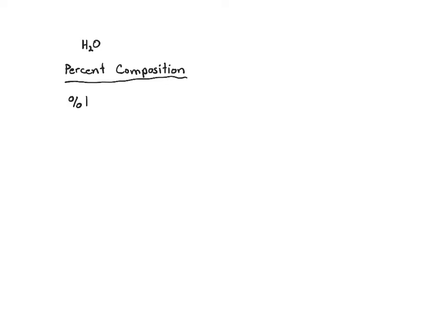If we want to figure out the percent hydrogen in this compound, what we're going to do is take the number of atoms of hydrogen and multiply that by the molar mass of hydrogen, and then divide that by the molar mass of the entire compound and multiply it by 100.